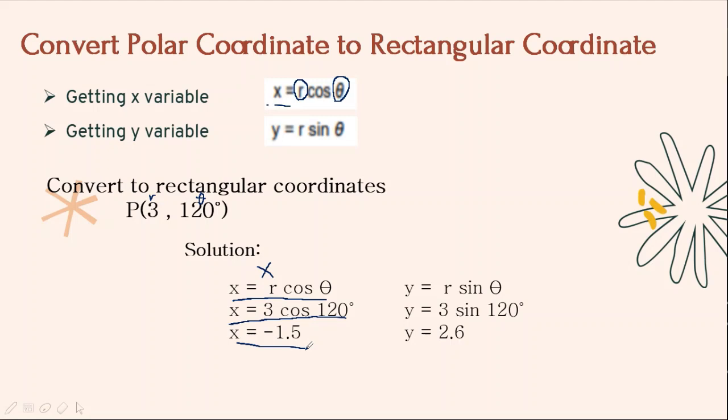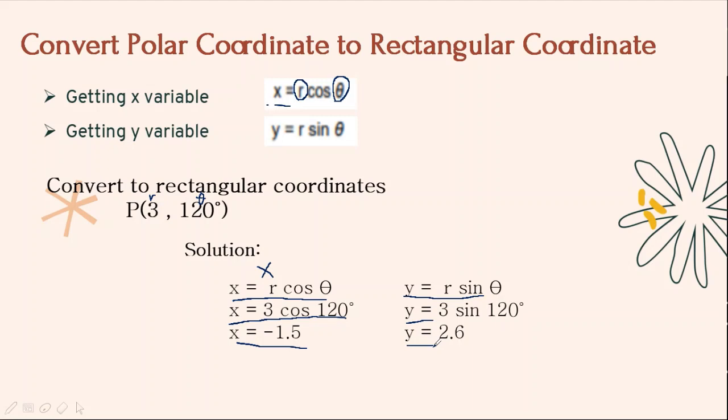Now, let's proceed to our y. So y is equal to r sine theta. That's the formula in getting the y. Now, again, substitute the r and the angle theta or the polar angle. So r is 3 or radius, then sine, then the angle theta, 120 degrees. So using again your calculator, our y is 2.6.